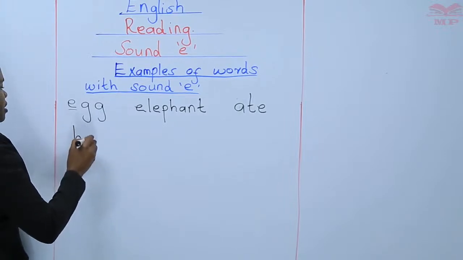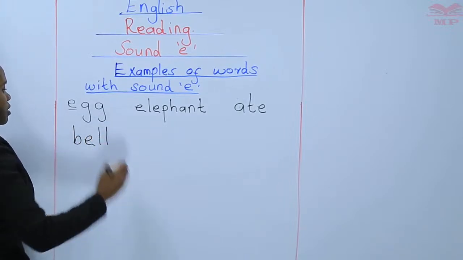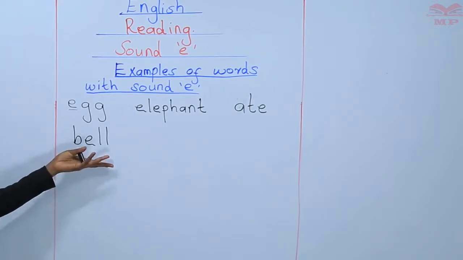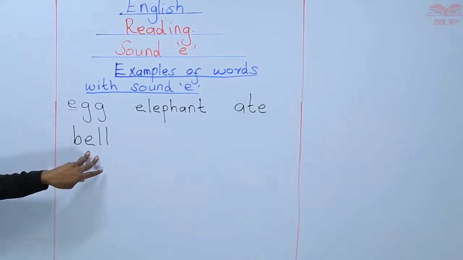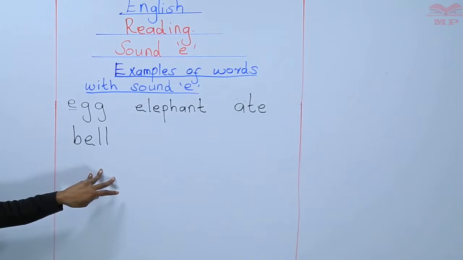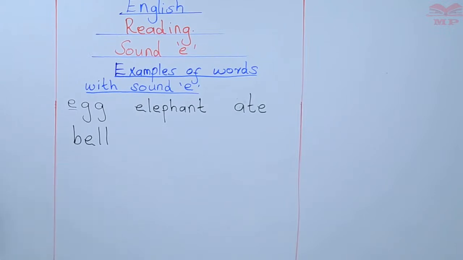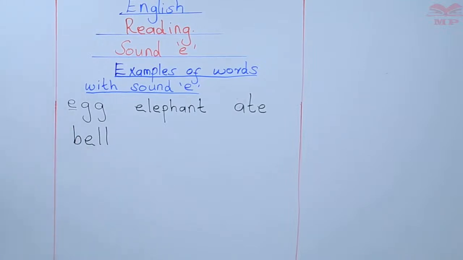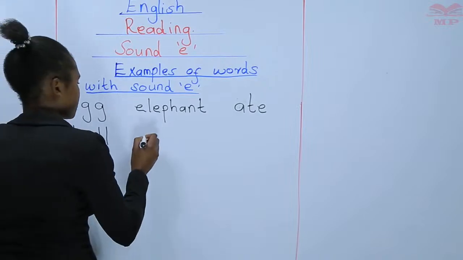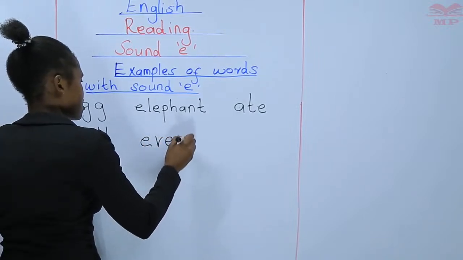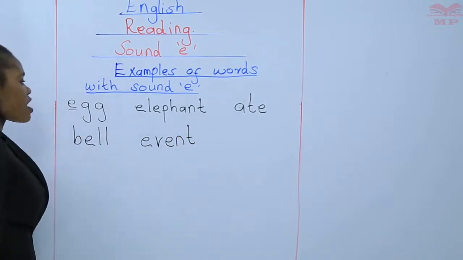Then we have bell. Bell, look at the word bell. Our sound A is in between the other letters. And we use a bell at a school. It tells us what we are supposed to do to change from one subject to another or from one activity to another. Another word we have event.